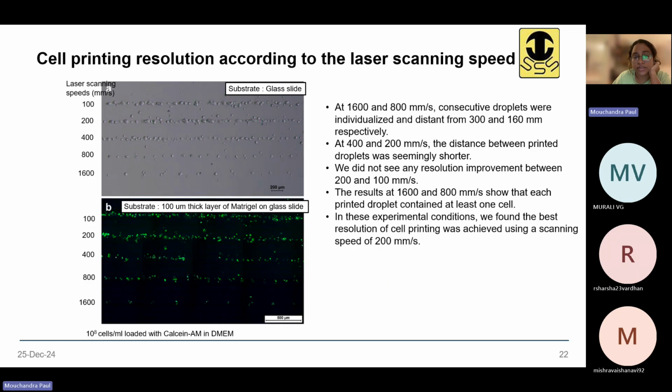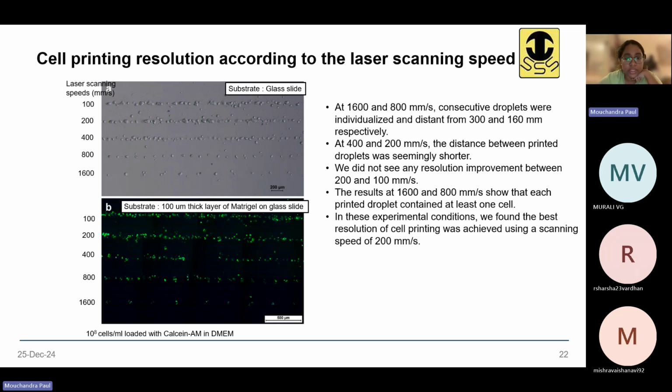So now I'm at slide number 22. They have printed lines of droplets, and each line of droplets basically shows that they have been printed at a different laser scanning speed.